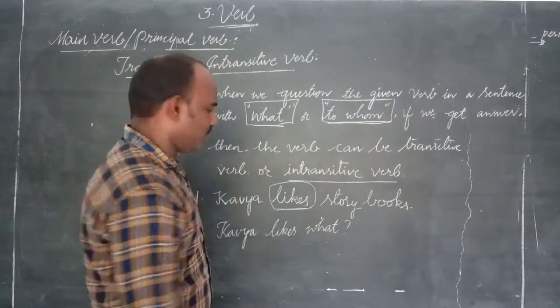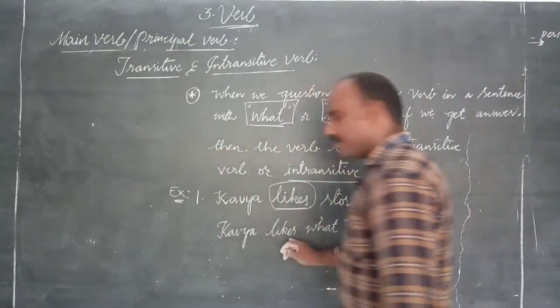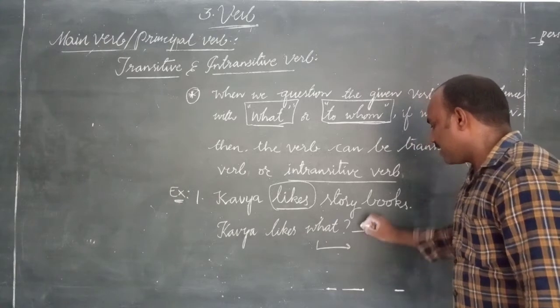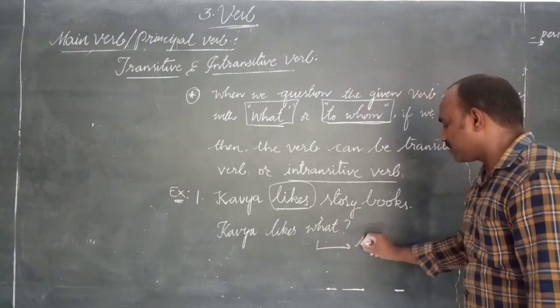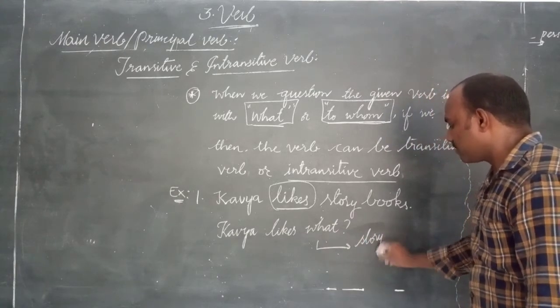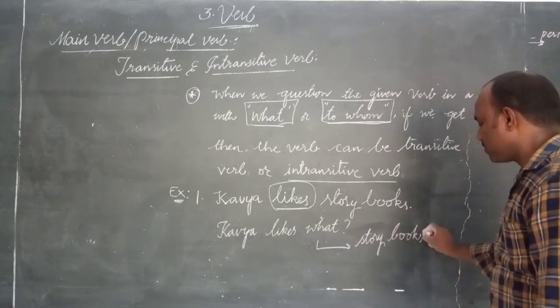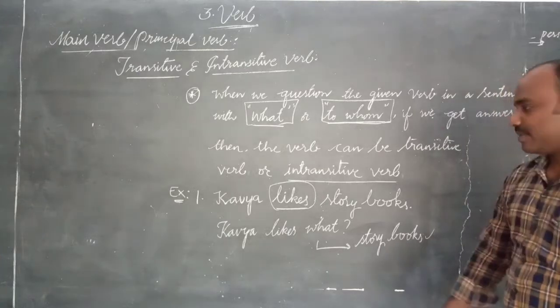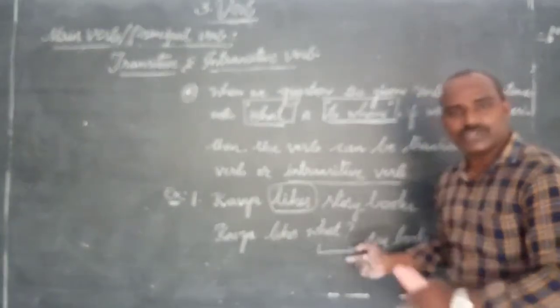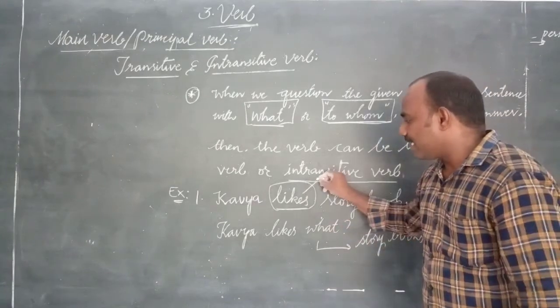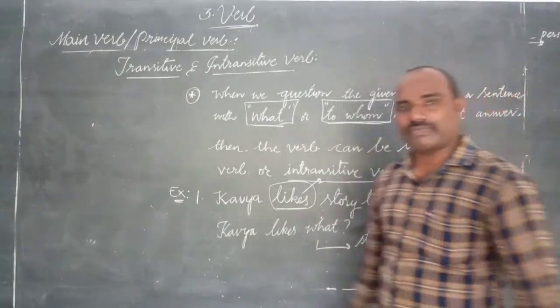Kavya likes what? The answer: storybooks. So this can be an answer. Kavya likes what? Storybooks. Since we have an answer, likes is a transitive verb. We can say.